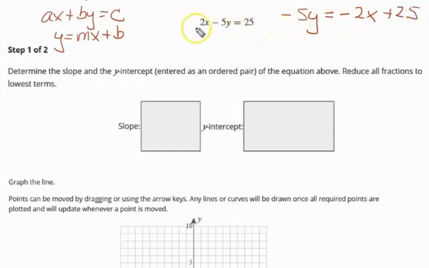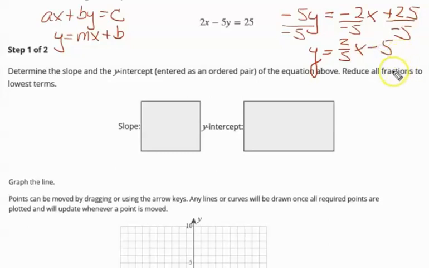So I've transposed the 2x to the other side. I'm now going to divide everything by a -5. And here I get a positive y equals a positive 2/5 x and a -5.